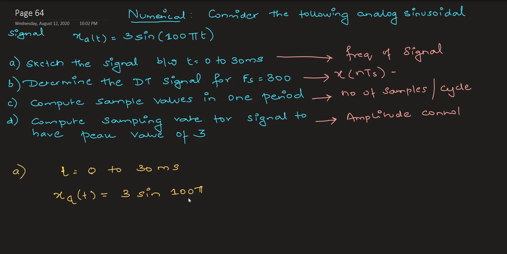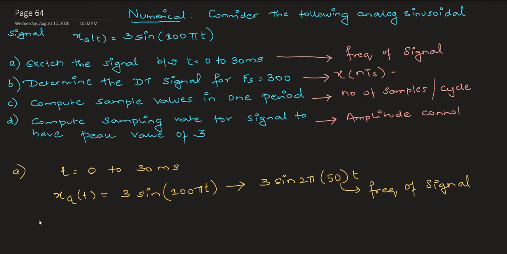Now the time interval given to us is between 0 to 30 millisecond. So first I'm going to find the frequency of this continuous signal, and that is coming out to be 50, because in 100 pi you have 50 times pi, and that 50 is the frequency of the signal. Frequency is given by the number of cycles per second. So it's 50 divided by 1 second, and now you have 50 cycles in 1 second.